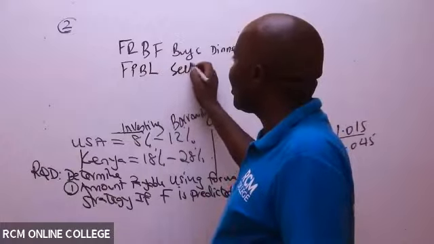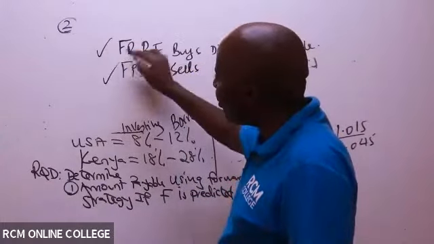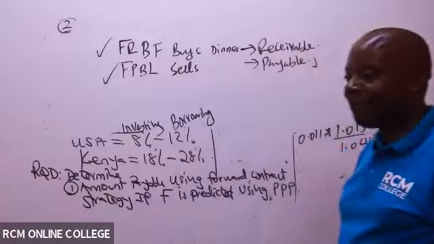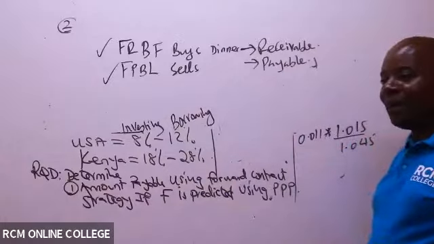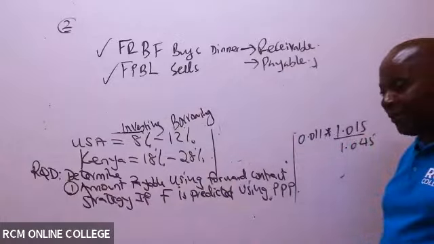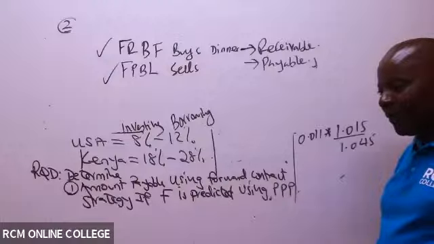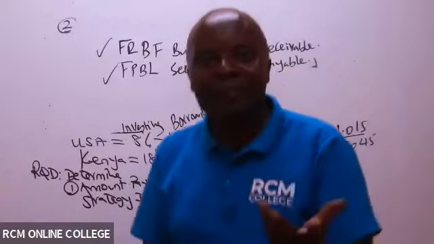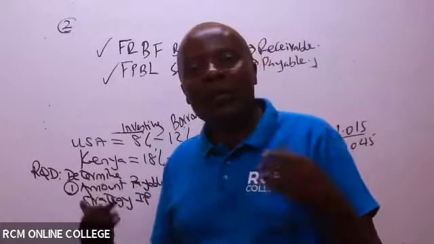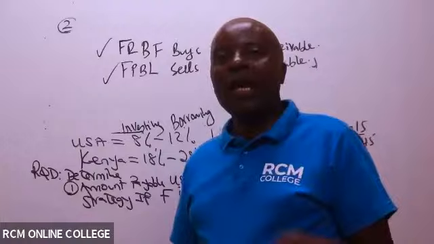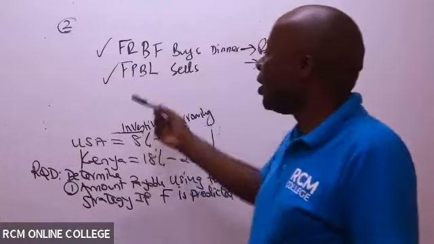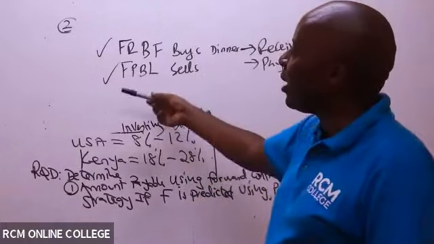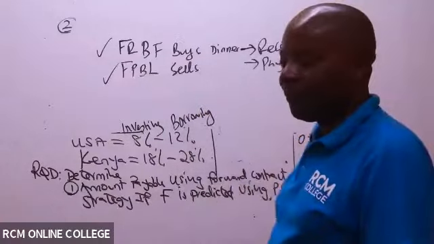FPBL, sales. You guys remember these two rules of money markets? Remember, Wamchomba's question is a payable question. And if it's a payable question, then we shall use this second rule here, FPBL.